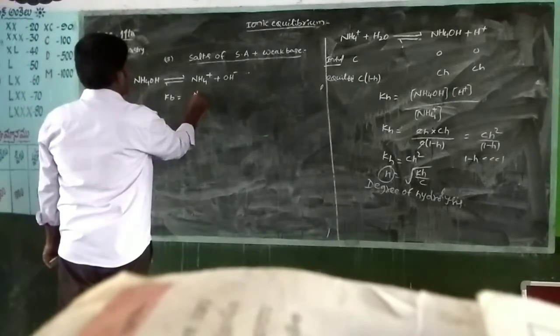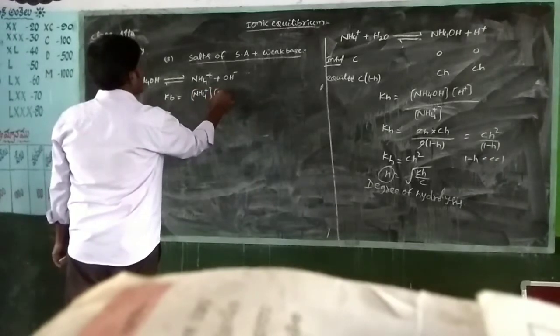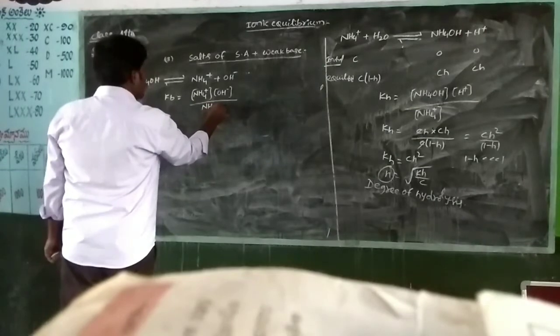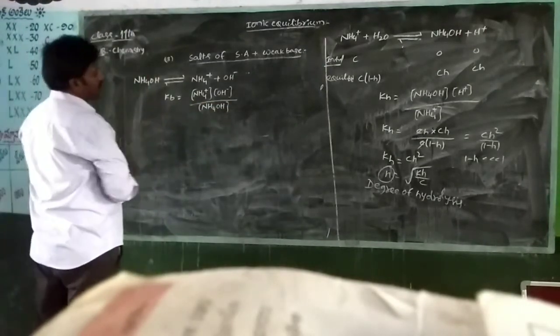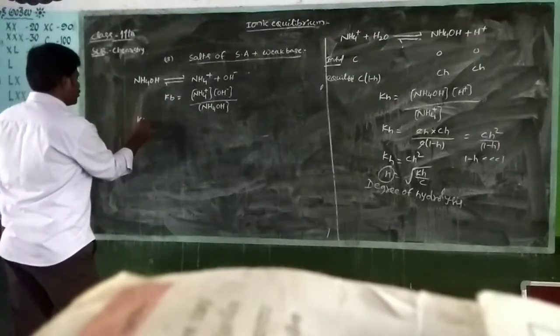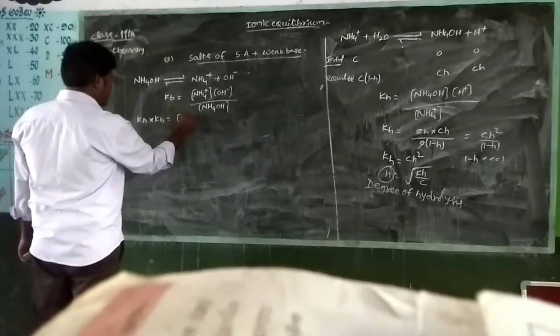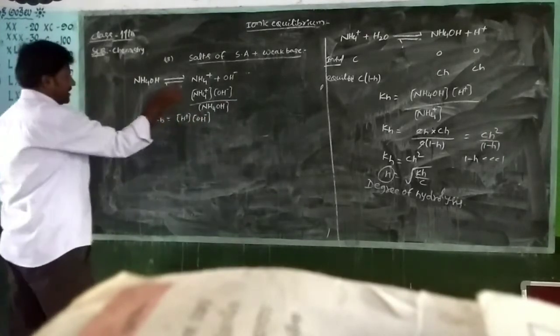You can find the equilibrium: NH4 plus concentration, OH minus concentration upon NH4OH. Already discussed Kh value, already discussed, Kh into Kb. We have to prove the H plus and OH minus concentration.